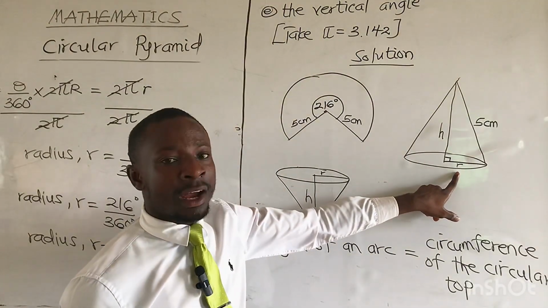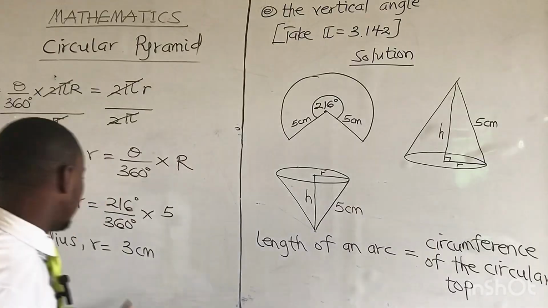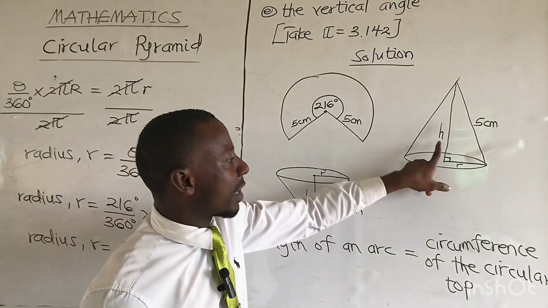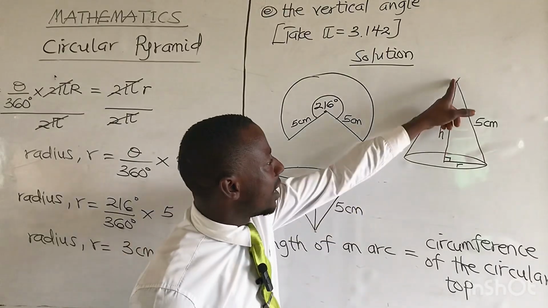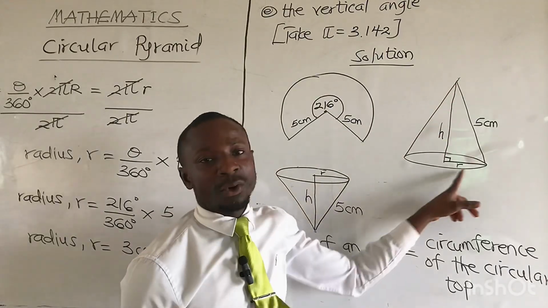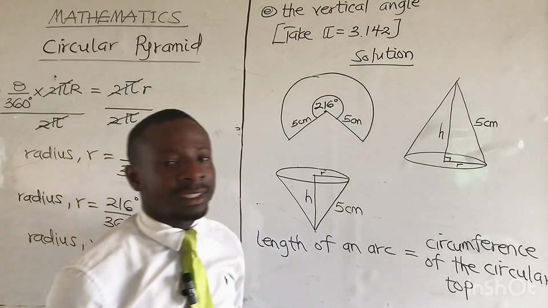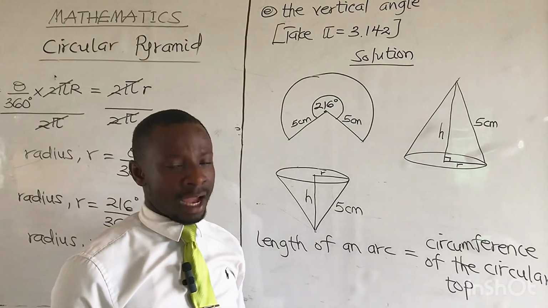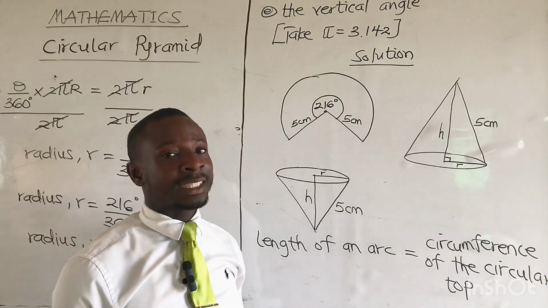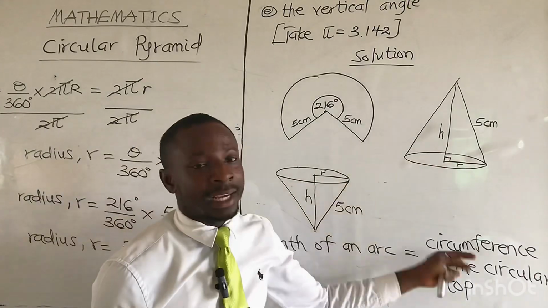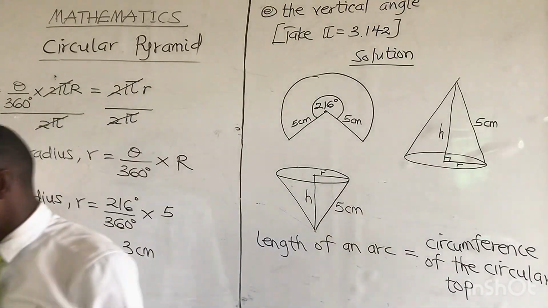So now we have r to be 3 centimeters. And we are going to use this to find the height, because the height is perpendicular to the base. Then the slant height looks like the hypotenuse, for which we can get a right angled triangle. So let's see how we can find the height from the figure we have here.